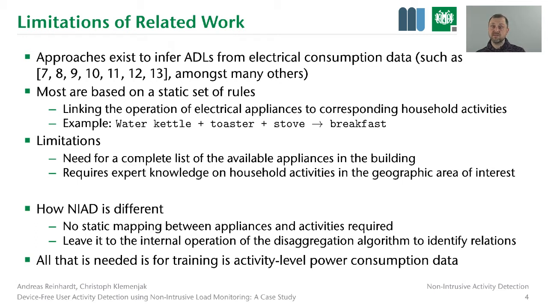So sometimes for breakfast you may see different orders in which people start switching on devices, as well as if there's an omission of a certain appliance. So leaving out the bread cutter or a toaster for breakfast doesn't mean that's no longer a breakfast activity.